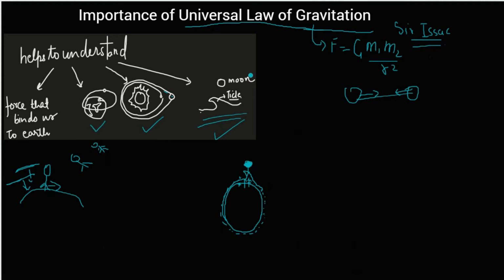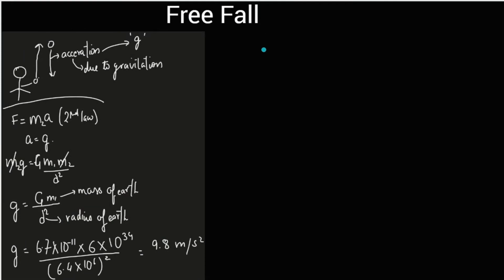Now next, free fall. Let's see, you are saying, I have thrown a ball and it went down. If both masses are attracting each other, why is my ball only attracted to the earth, and the earth is not attracted to the ball?